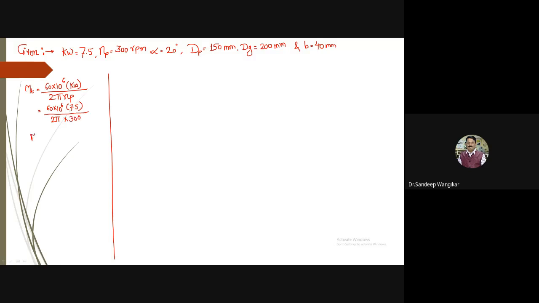So friends, you can calculate MT here. You will get the value of MT in Newton millimeter.